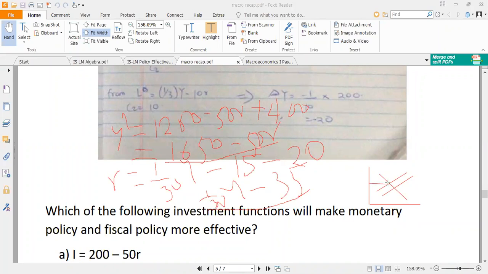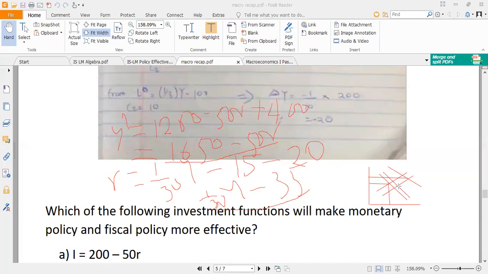So this is interest rate, this is Y. When you are drawing your new IS curve, you make sure you are drawing it in a way that the new equilibrium will cause an increase in R. If there was a decrease in R, then you can draw your IS curve like this.